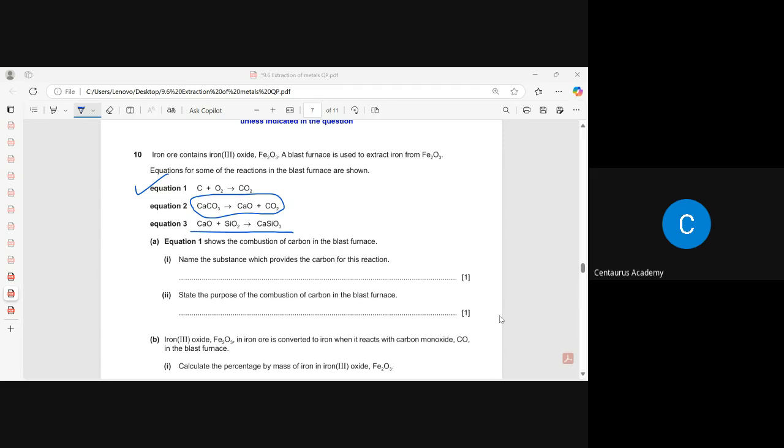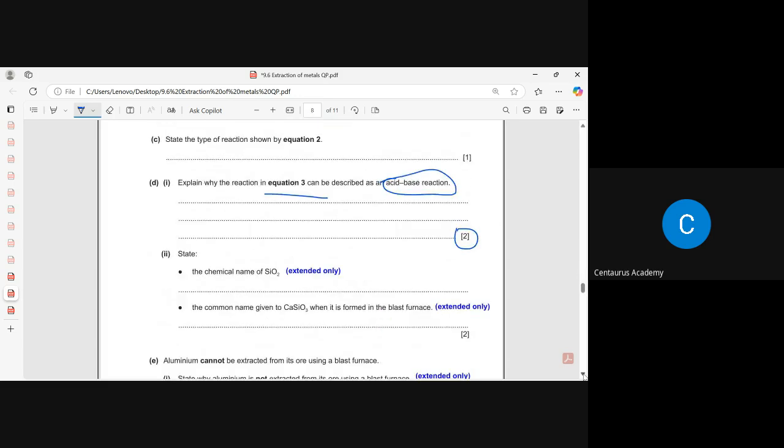Yes, calcium oxide is basic. Silicon oxide is acidic in nature. When both of them react with each other, they form calcium silicate, which is basically a salt. So we say that this reaction is an acid-base reaction.